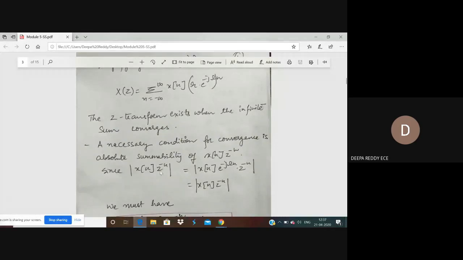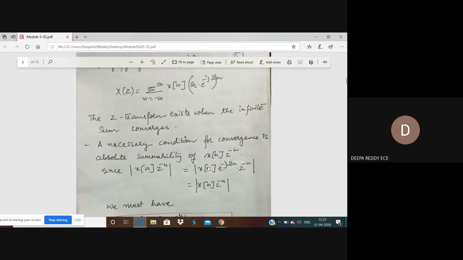Z is nothing but R e to the power of j omega. We have written R e to the power of minus j omega to the power n. So this is x of n e to the power of minus j omega n.